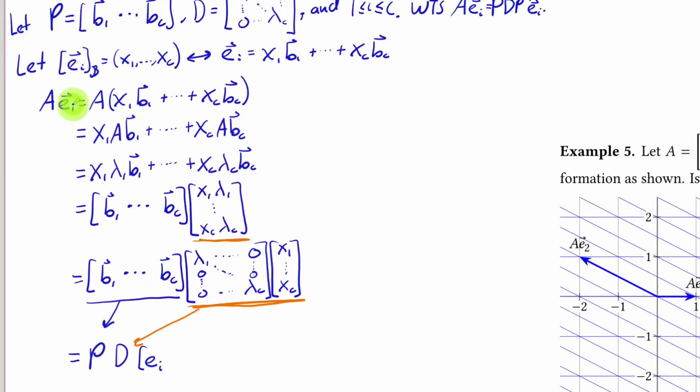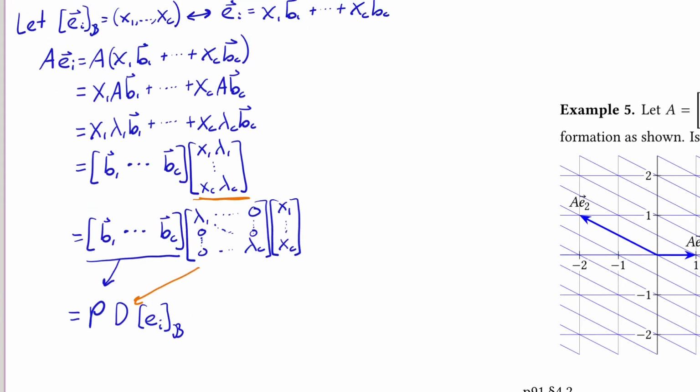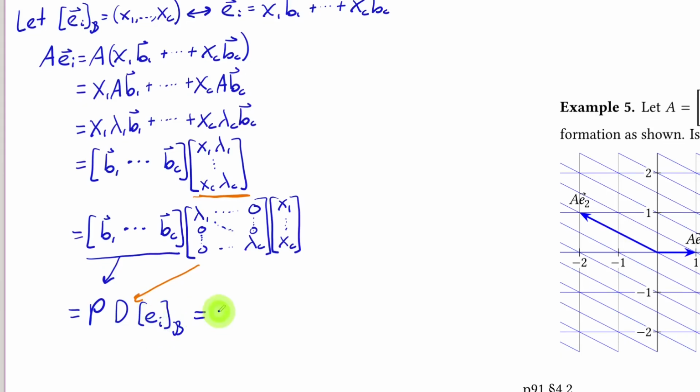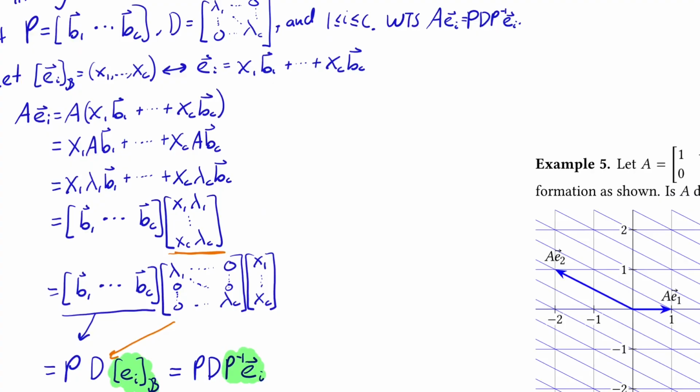I said E1 over here. It should be EI. I said E1 before. Whoops. Now, we know from before that the B coordinates of EI are the same thing as P inverse times EI. And again, maybe we can explain this part really quick, because we're saying EI is the result of doing P times the B coordinate vector of EI.